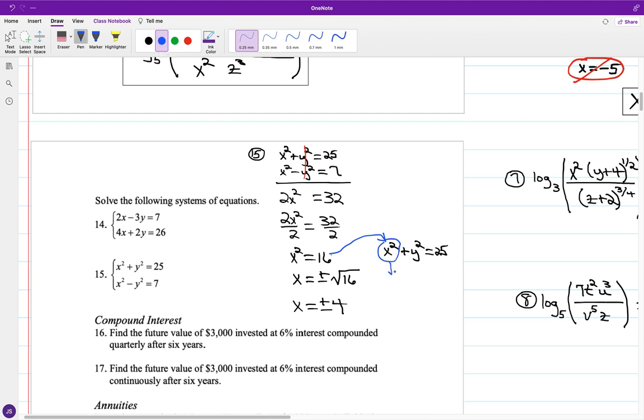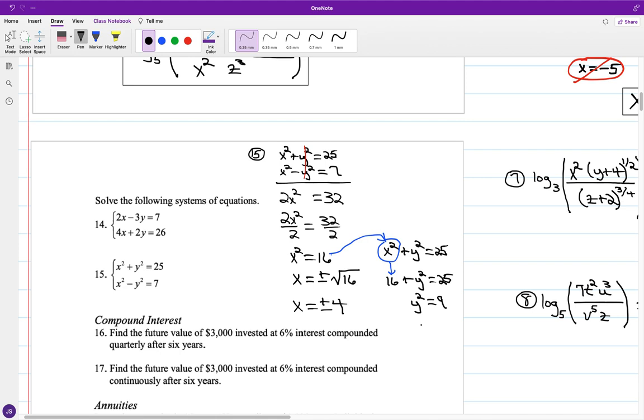So plug in 16 for x squared: 16 plus y squared is equal to 25, and y squared is equal to 9.